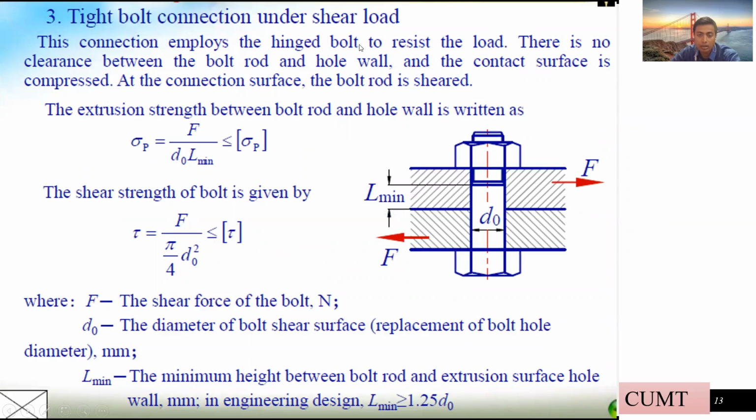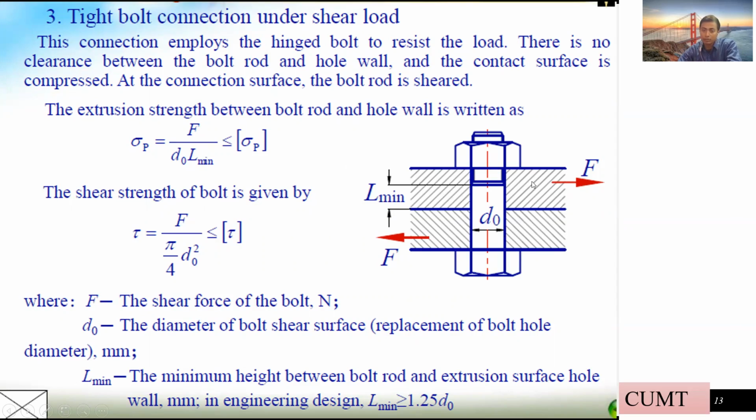And then the tight bolt connection under shear load. Before that, we have to understand what shear load is. Shear load is basically shearing the load between two plates. As you can see in this picture, these are two surfaces, and we have connected them with one bolt and nut.